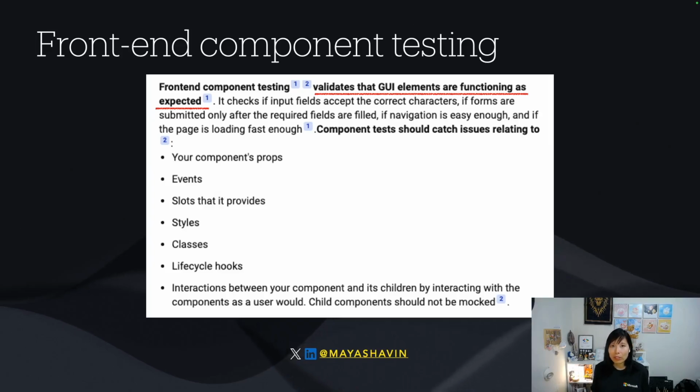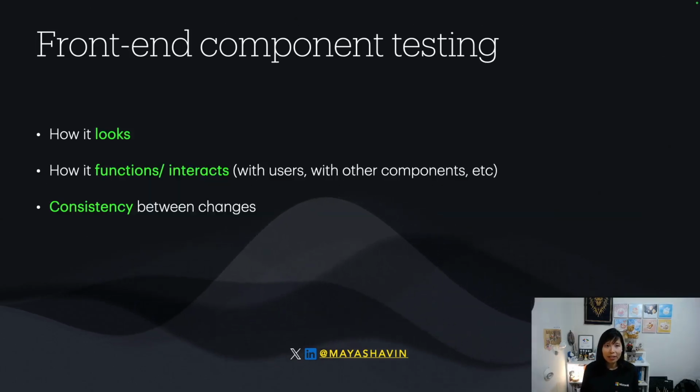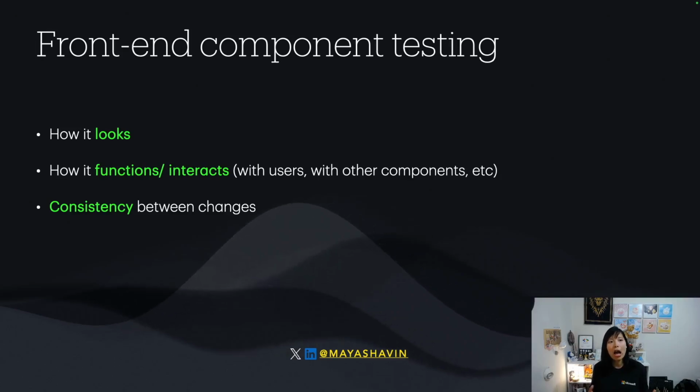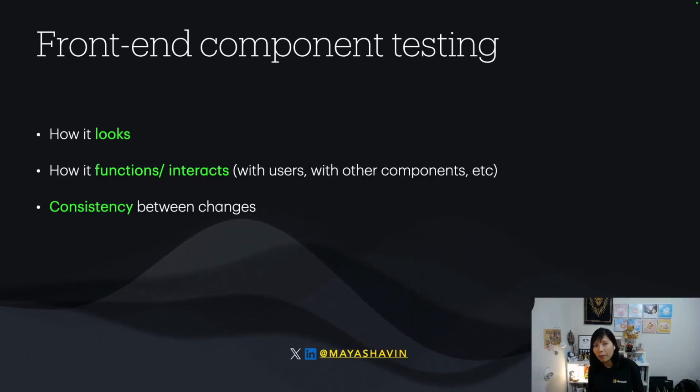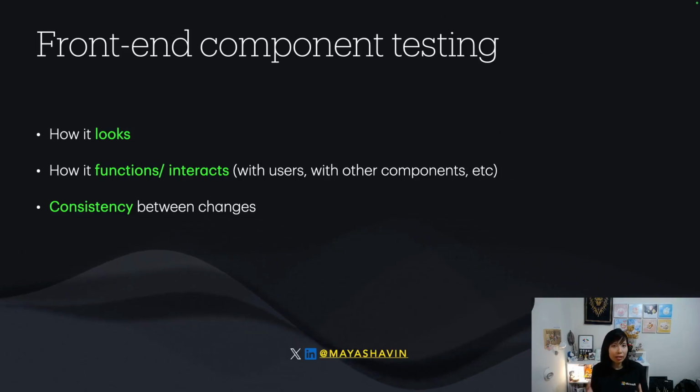And of course, when we talk about graphical user interface elements, or UI, we are talking about validating appearance, how it looks and how it functions, not just functional testing. On the other hand, front-end component testing means we validate how the component looks and appears to the end user on the browser, and how it functions or interacts with the user, with other components under the same parent, or with its children components.